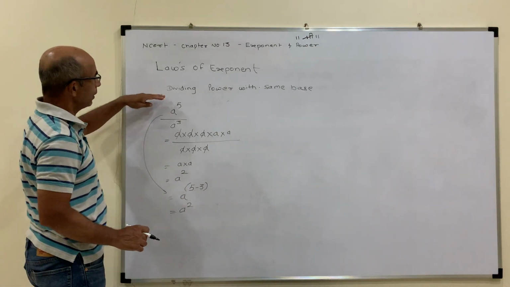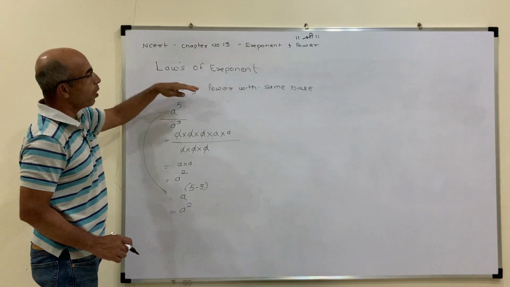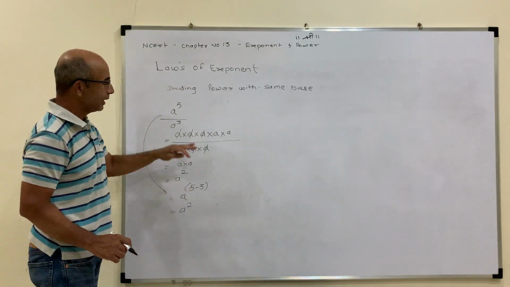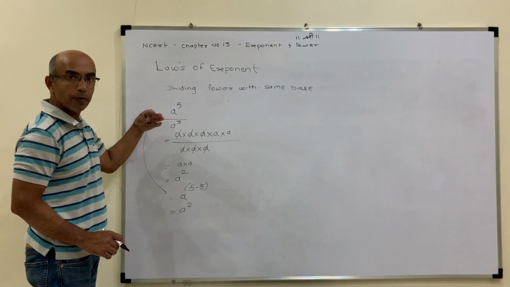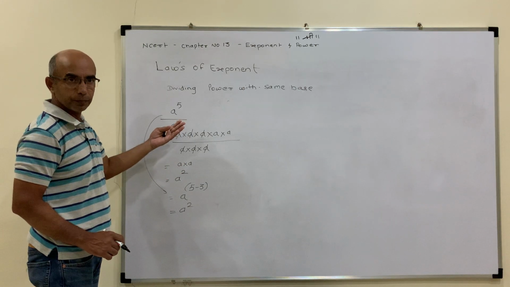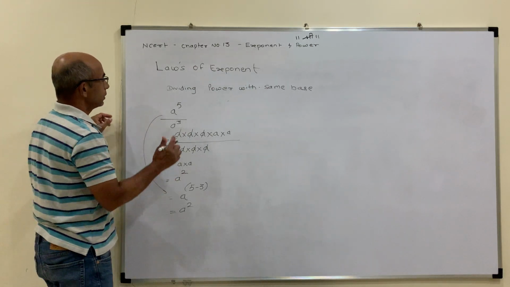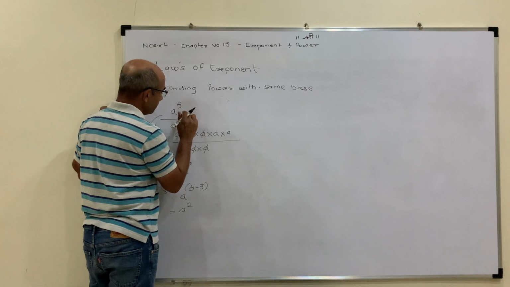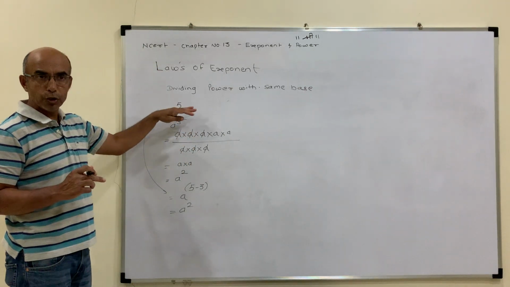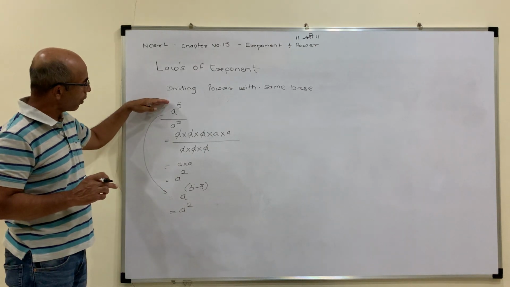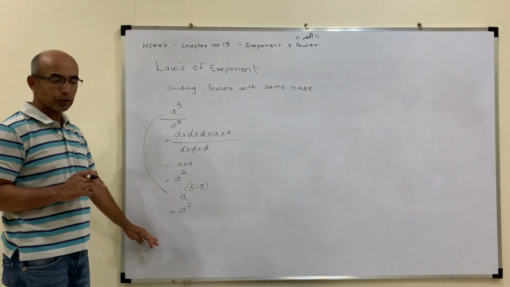So now what we need to understand, when we divide powers with the same base, we subtract the power of the denominator from the power of the numerator. So my a raised to the power 5 divided by a cube comes out to be a square.